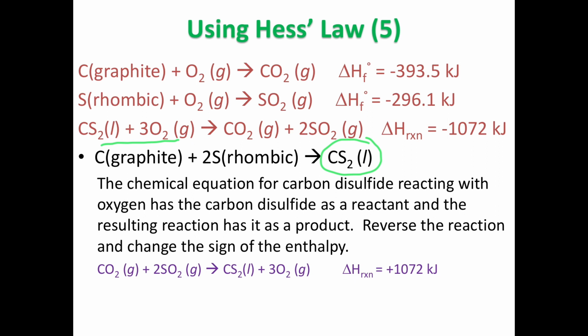We must reverse the reaction and change the enthalpy, giving carbon dioxide reacting with 2 sulfur dioxide to form carbon disulfide liquid and 3 oxygen molecules. The enthalpy of this reaction is the negative of the enthalpy of reaction for the combustion of carbon disulfide, giving us positive 1072 kilojoules.